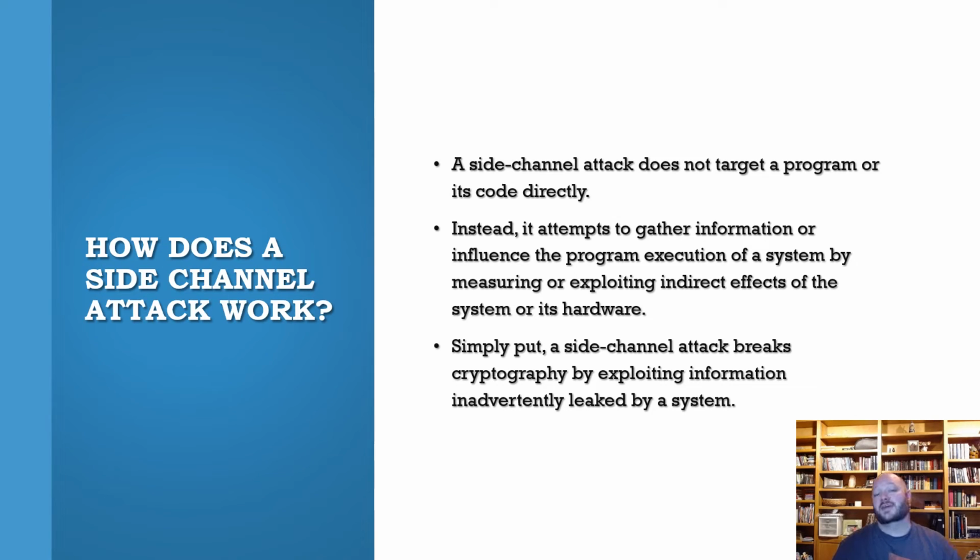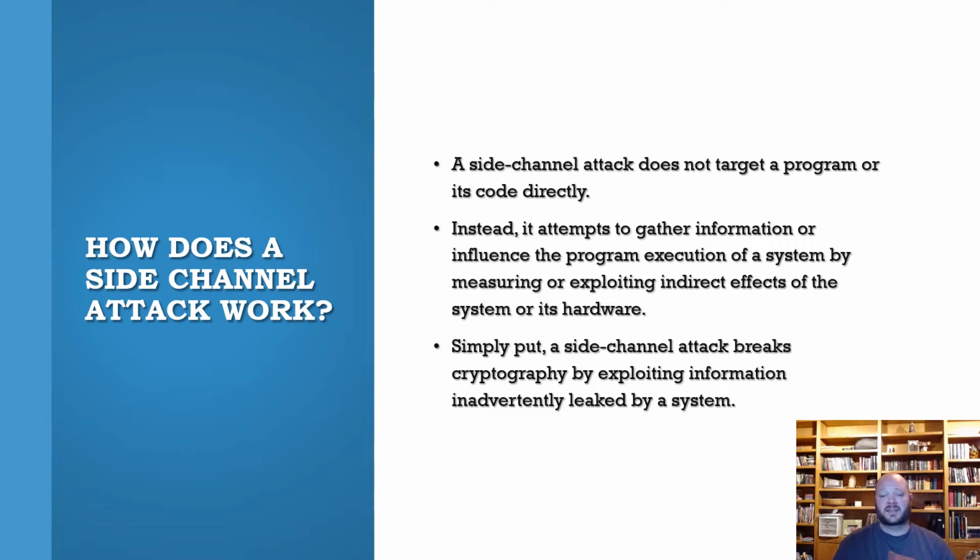So how does a side channel attack work? A side channel attack does not target a program or its code directly. It's not going after the software side. Instead, it attempts to gather the information or influence the program execution of a system by measuring or exploiting indirect effects of the system or its hardware.